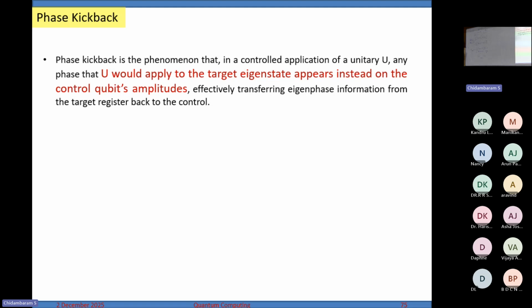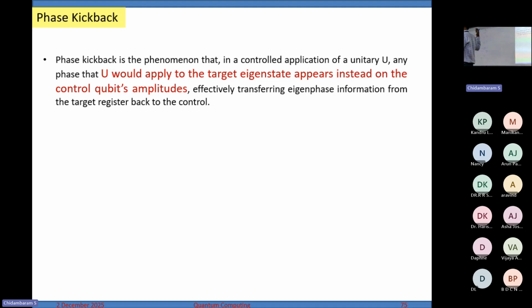The control is in superposition. Ideally the control is in superposition, as that is easy to explain, but even if the control is not in superposition, phase kickback can happen. I have that example, and I will leave it for you to solve; I'm not deriving it here.